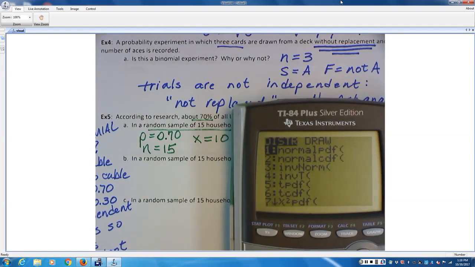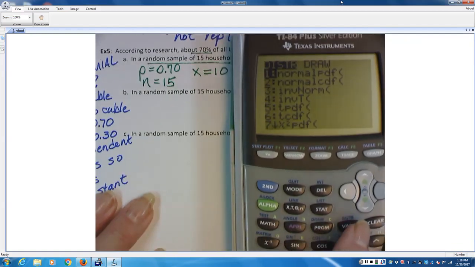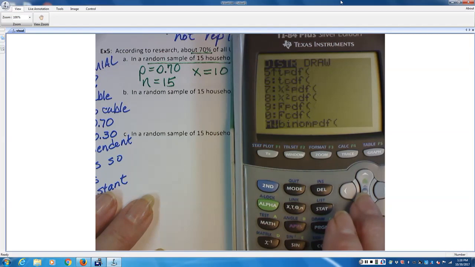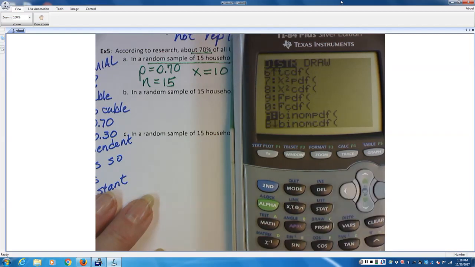I think you can see it pretty well there. So we hit second and vars, which is this key and this key. Then we scroll down until we find binomialcdf, and we hit enter.